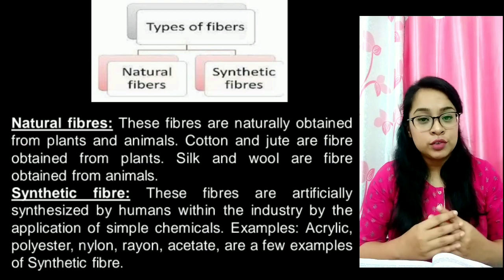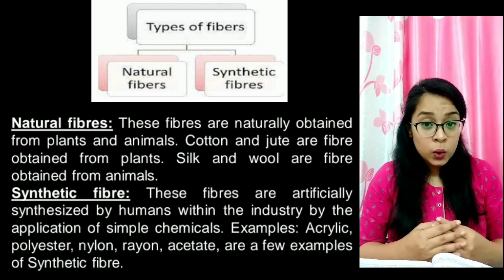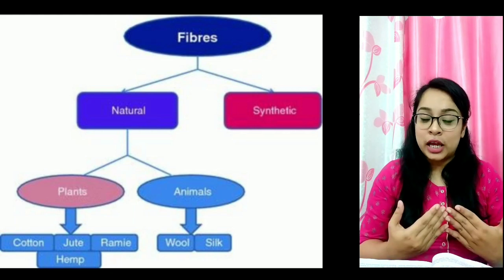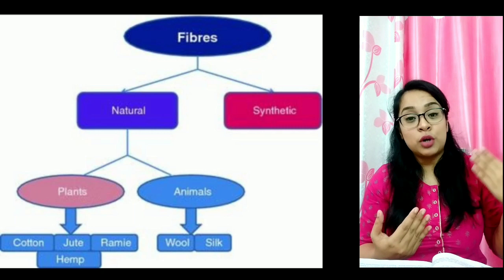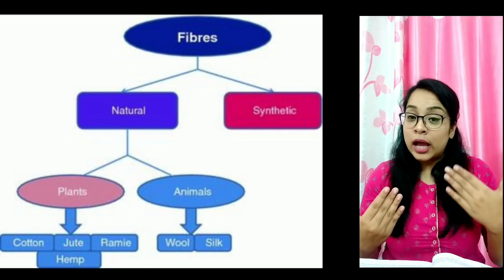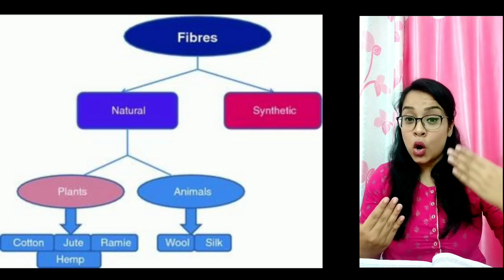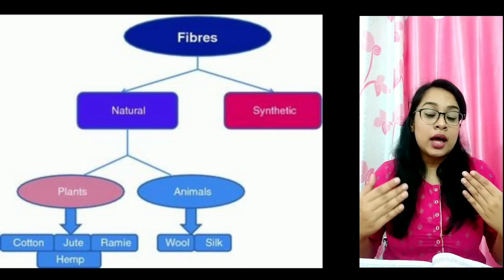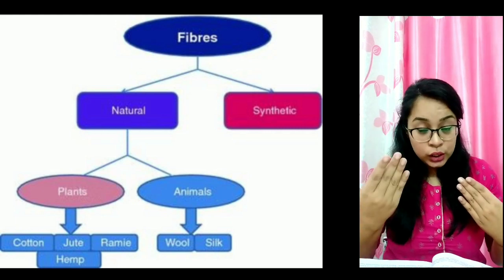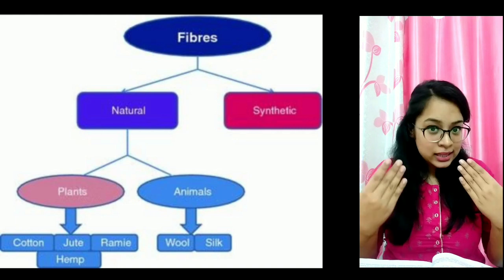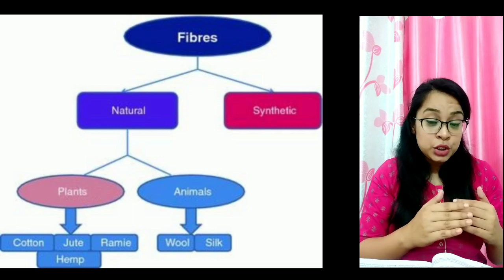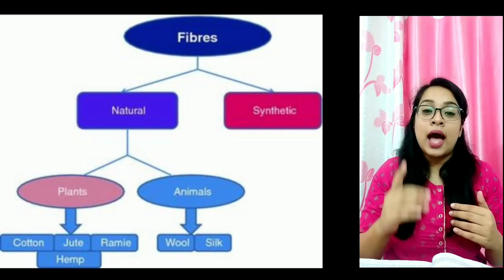Natural fiber can further be divided into two types: fibers from plants, such as cotton and jute, and fibers from animals, such as wool and silk.